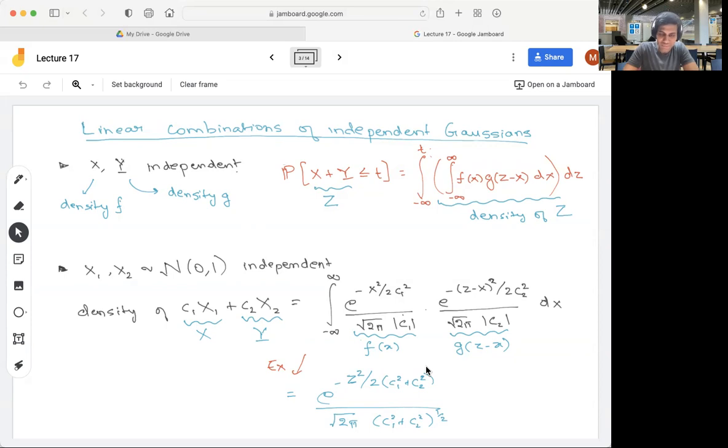So you can use it to show that the above integral is equal to this number, which depends only on z, since you've integrated over x. Once you get that, this is nothing but the density function of a Gaussian with mean 0 and variance c1 square plus c2 square. So if the density function is equal to that of a Gaussian, this random variable is that Gaussian.